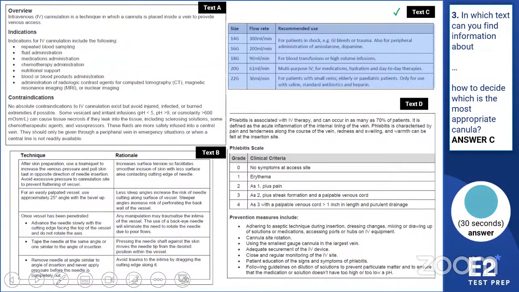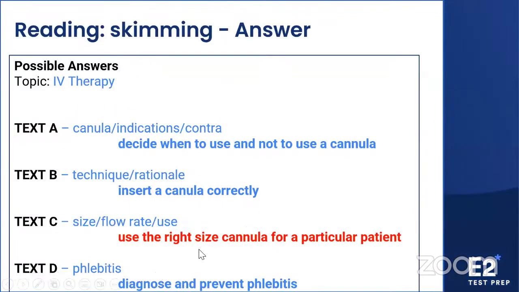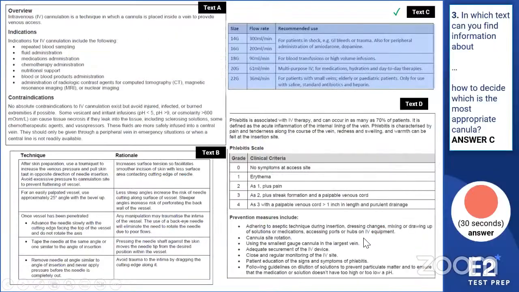For number 3, we can find information about how to decide which is the most appropriate cannula in C. Okay, if we think about how I paraphrased C, it's use the right size cannula for a particular patient. Well, right size is another way to say most appropriate.